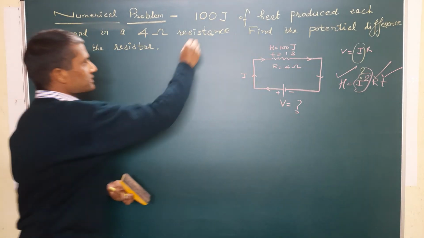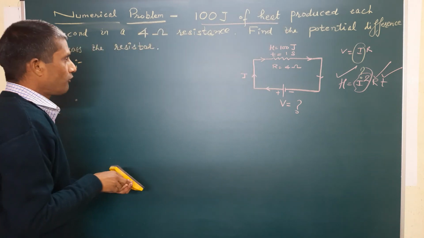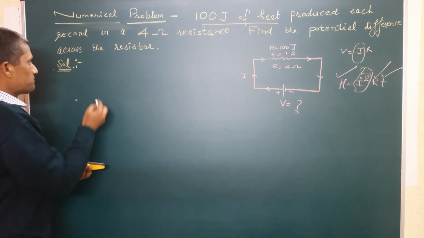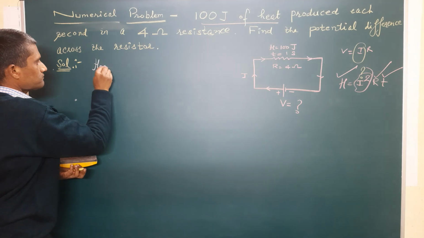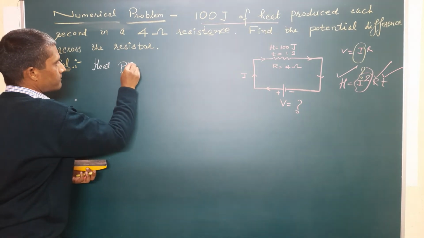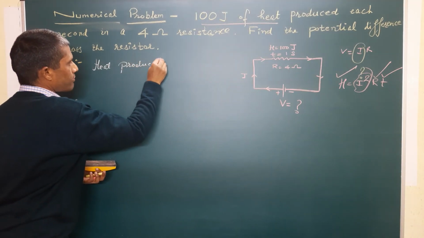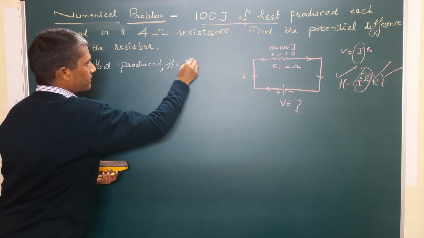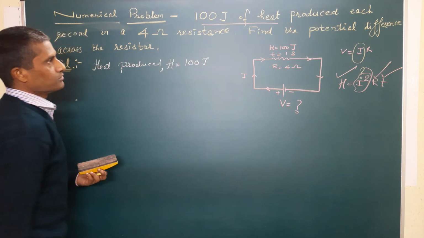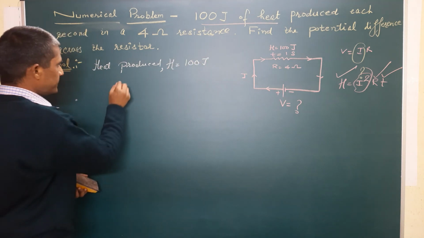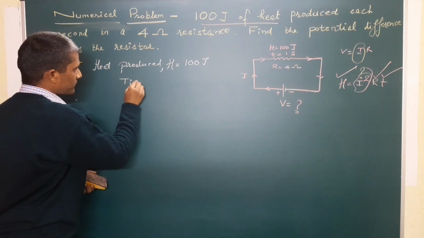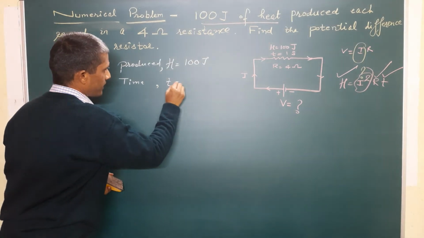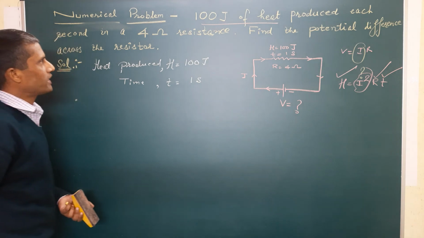100 joule of heat. This is given here. Heat produced, 100 joule produced in each second. This is time. Each second means 1 second.